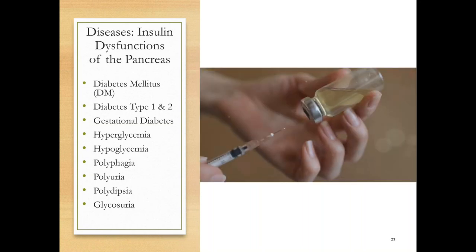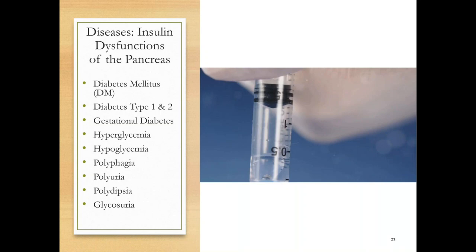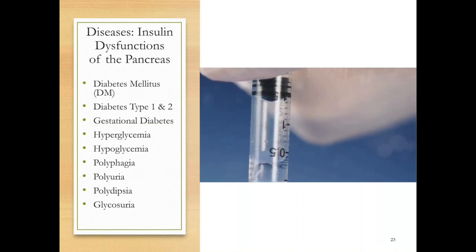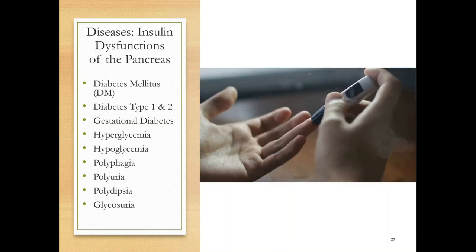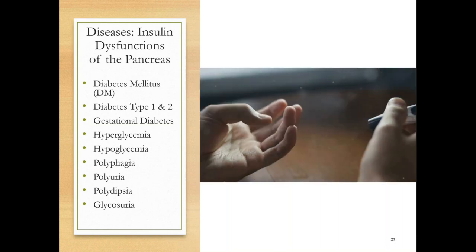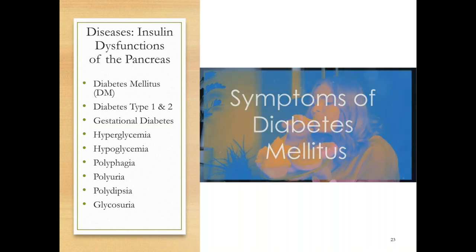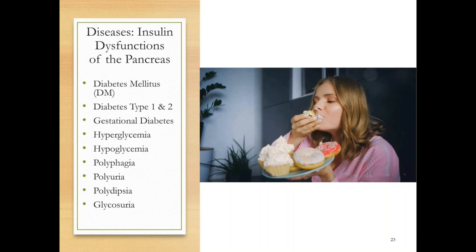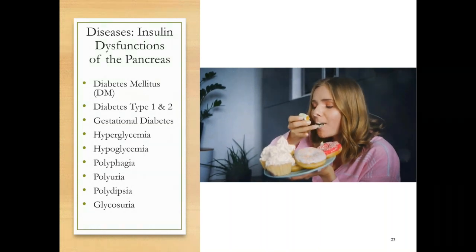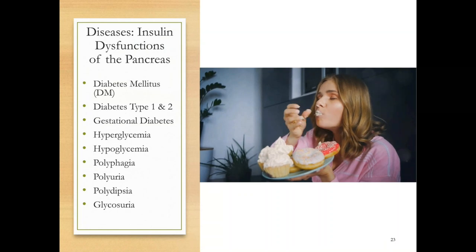Diabetes mellitus is primarily a result of resistance to insulin, or lack of insulin secretion, by the insulin-secreting cells of the pancreas. Without insulin, glucose builds up in the blood and results in hyperglycemia, an increased glucose level in the blood. The symptoms of diabetes mellitus include polyphagia, which is excessive hunger and uncontrolled eating, polyuria, meaning excessive urination, and polydipsia, which is excessive thirst.